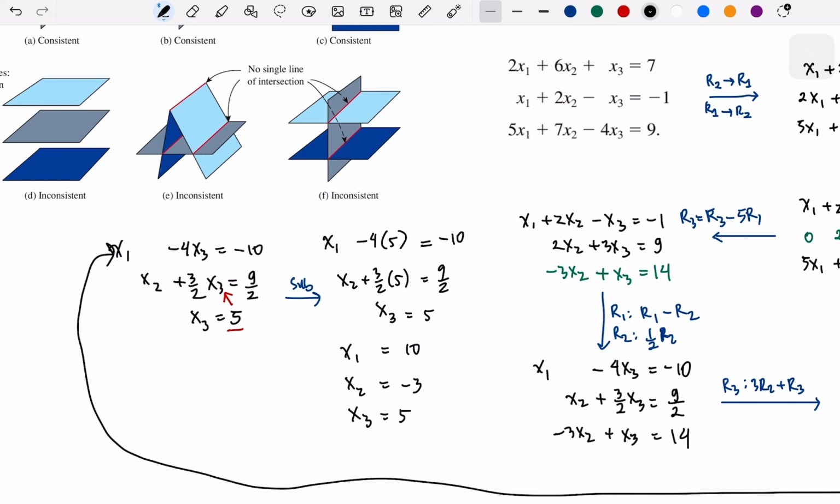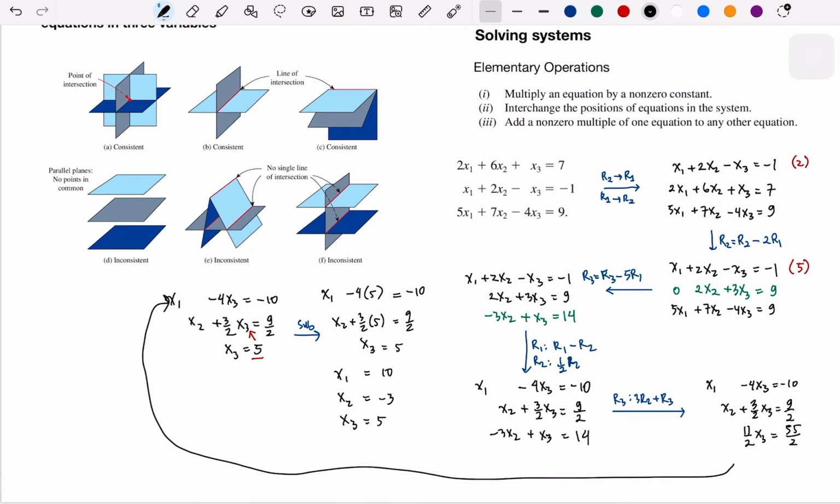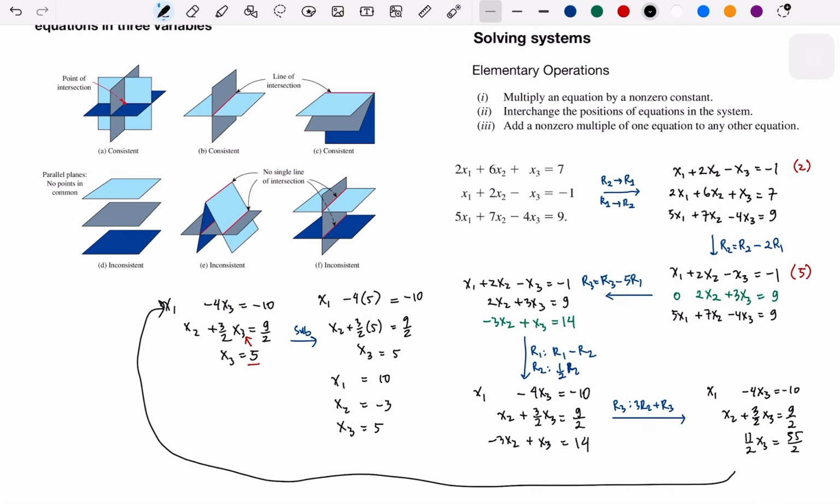Okay? Now this is what we call the elementary operations, which is very basic for linear algebra. Okay?